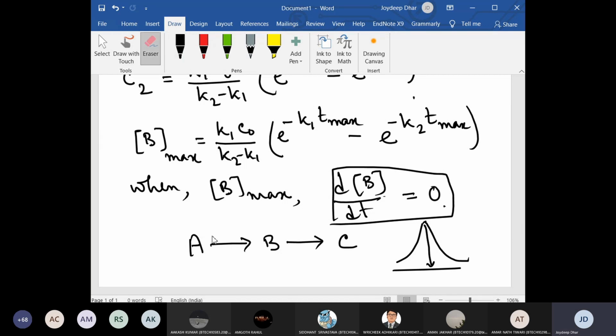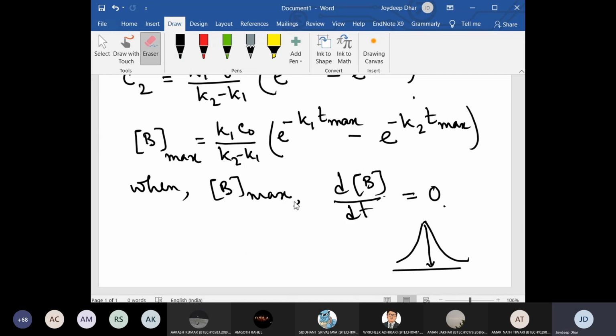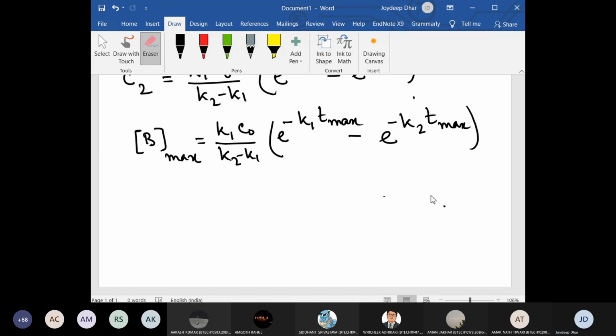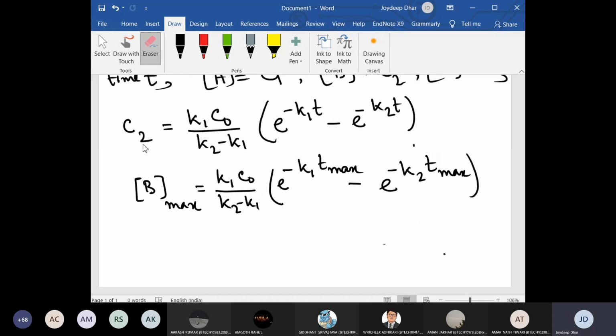So I already told that concentration of B is equated to k1 into c naught by k2 minus k1, into e to the power minus k1t minus e to the power minus k2t. So I have to do the first derivative with respect to time.